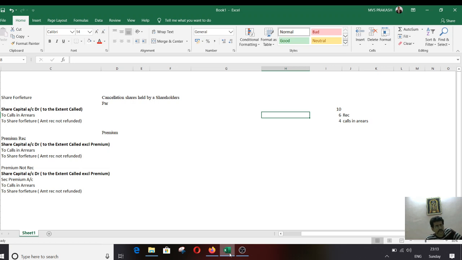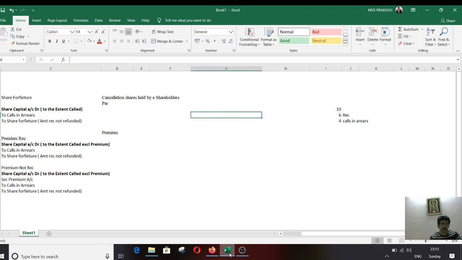Even after repeated notices, the shareholder has not responded, so the board of directors decides to forfeit the shares and I need to cancel. First I consider whatever capital was called: 6 rupees already received, 4 rupees also called, so I had called the entire 10 rupees.